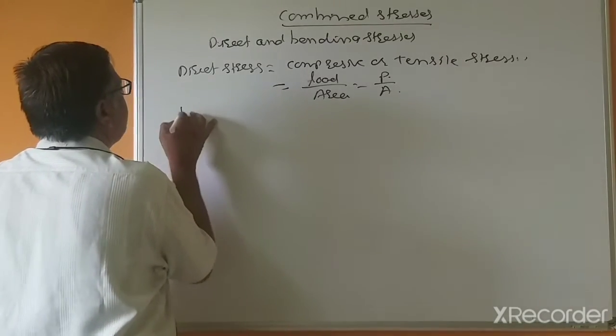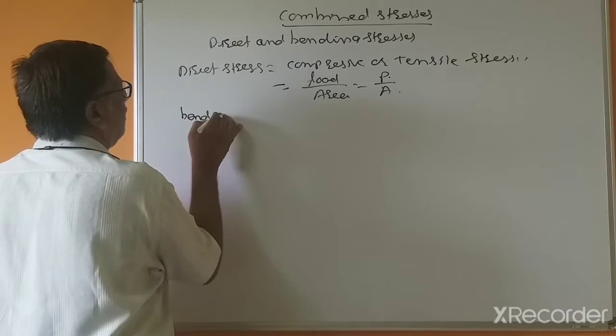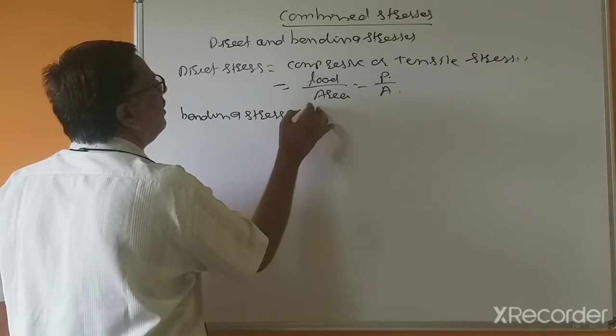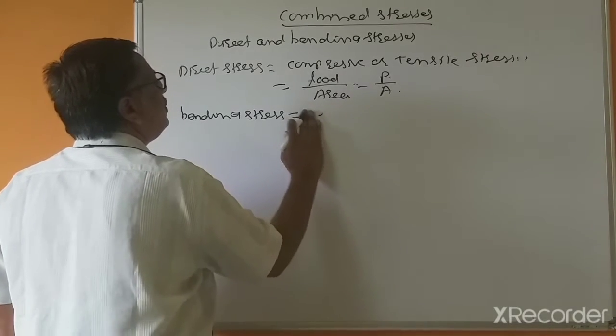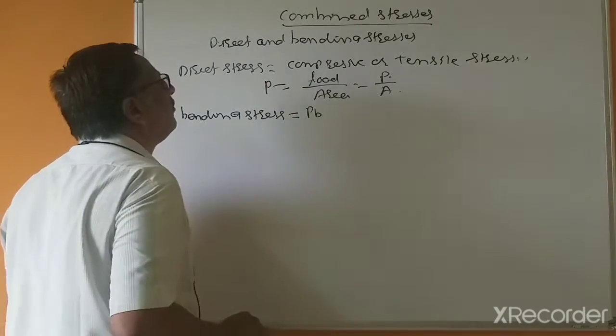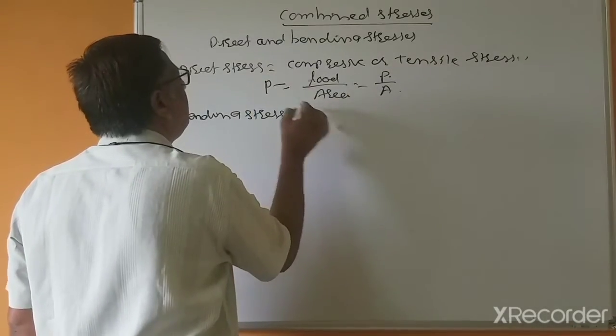And for bending stress, the basic formula is sigma B. Here we'll consider this as small p, and this as small pb.